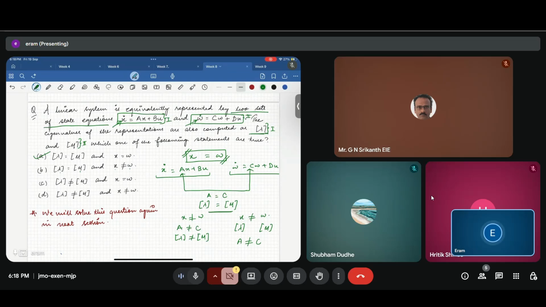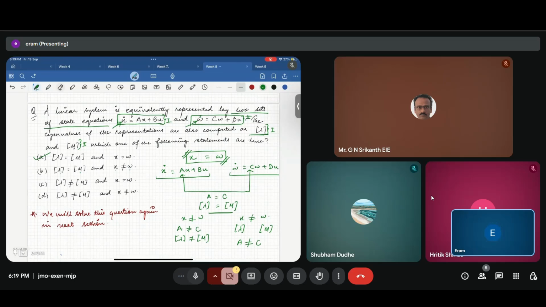So both of these state space models are representing equivalently the same linear system, and the set of eigenvalues for system 1, which is x dot equals to ax plus bu, is given by lambda, and the set of eigenvalues of w dot equals to cw plus du is given by mu.